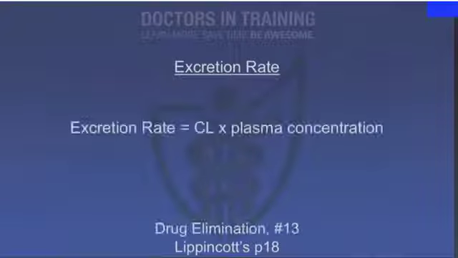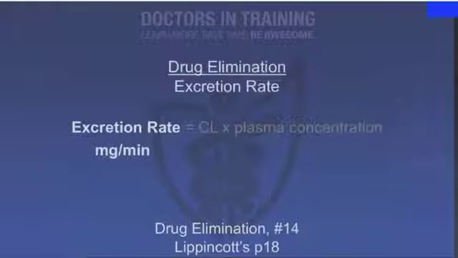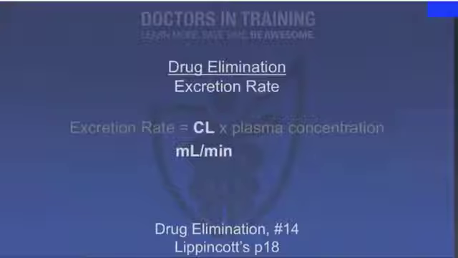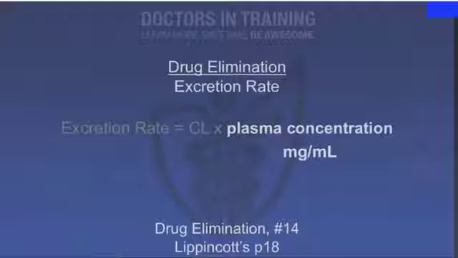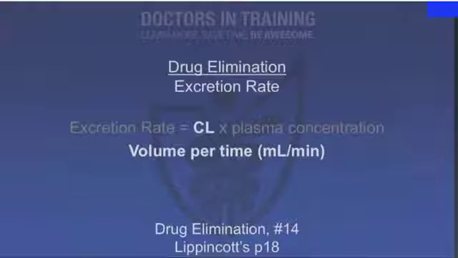So another concept is the excretion rate, and this is found on page 18. The excretion rate is the clearance times the plasma concentration. The excretion rate is milligrams per minute. Clearance is milliliters per minute, as we said, and plasma concentration is milligrams per milliliter. So the clearance is volume per time.